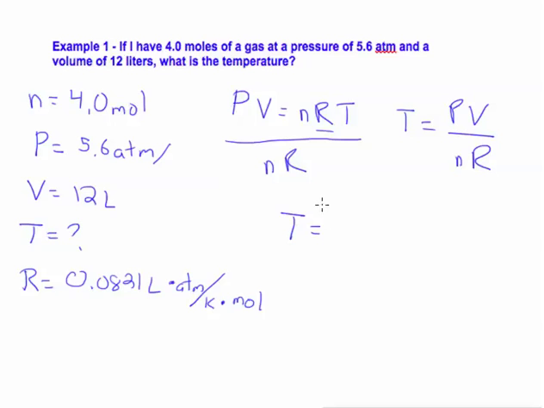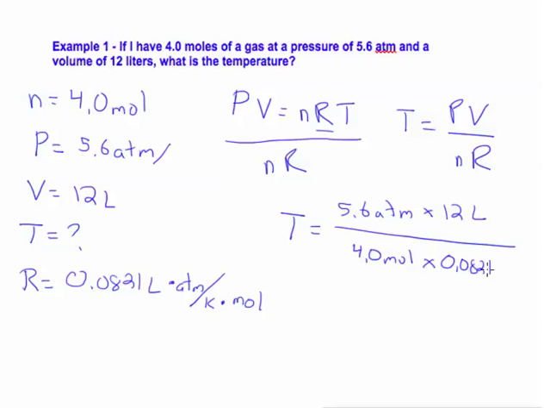So our temperature is equal to 5.6 atm times 12 liters divided by 4 moles times 0.0821 liters atm.